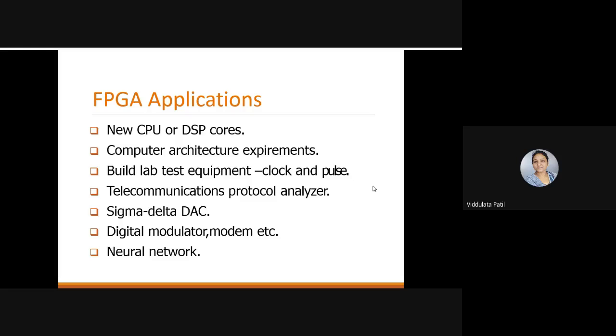So if you want any lab test equipment to be manufactured, FPGA can be used, because here you can program that FPGA chip many times according to your specifications, and that is why it is easy to build any equipment.